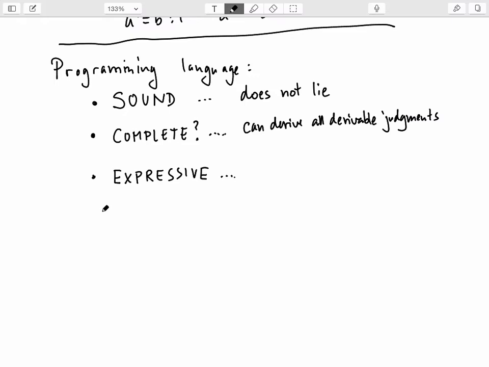Down the list, there is efficiency. Yes? So these are typical design issues. These are the constraints that determine our space of designs.